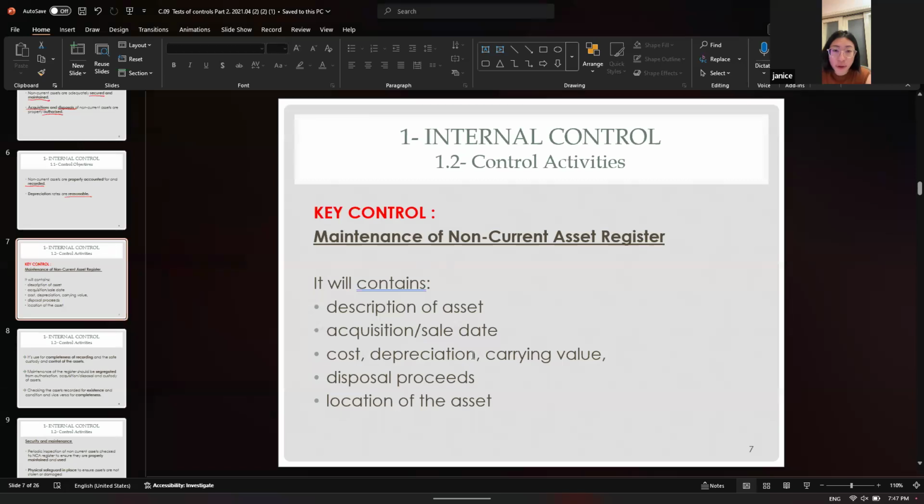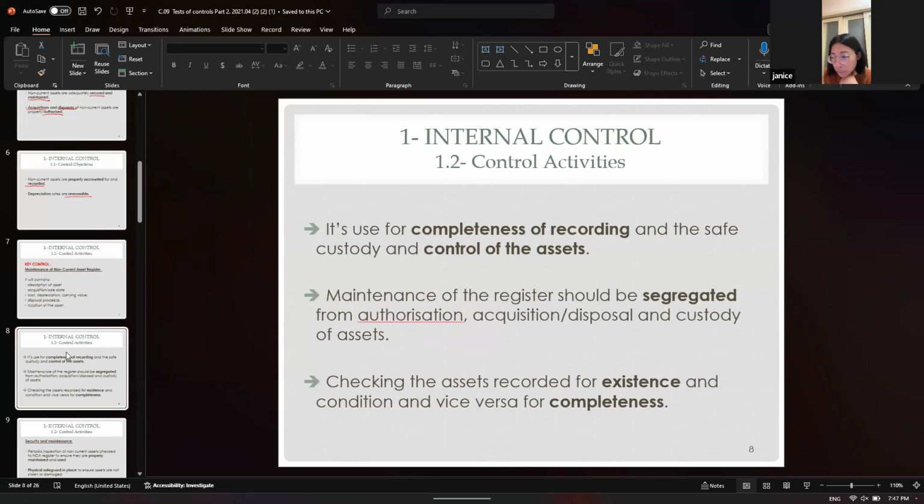So if we look at what we have in the non-current asset, we have the description of asset, the dates, the cost, depreciation, the net value, the net book value, some would call it, and a location of the asset, especially if they're very far from each other. I think we actually mentioned that quickly when we were going through this chapter together.